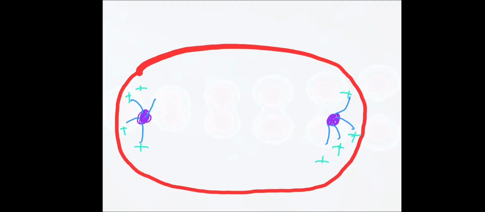There is another line we can draw. First I'll draw a chromosome here, to which there is a kinetochore, to which the spindle microtubule is attached.